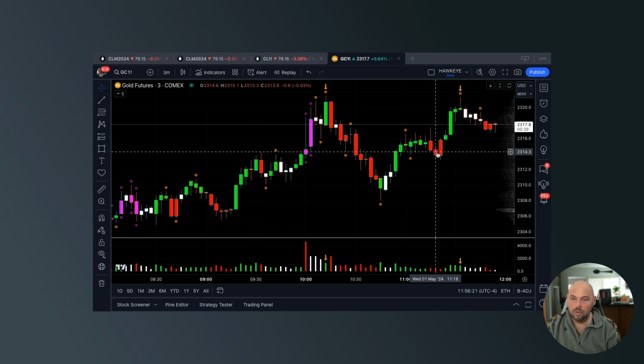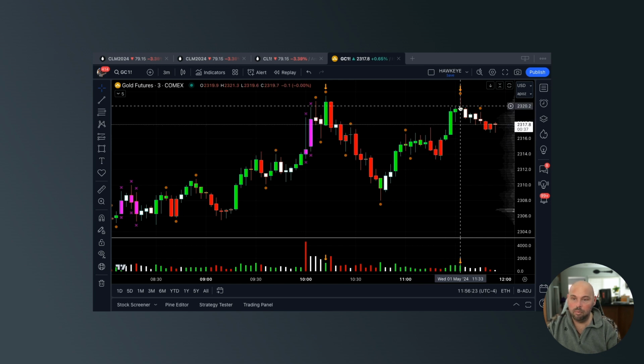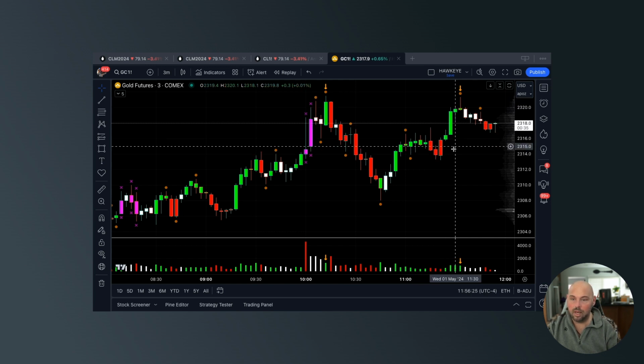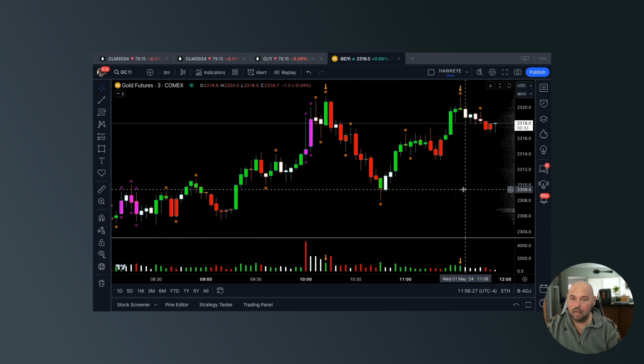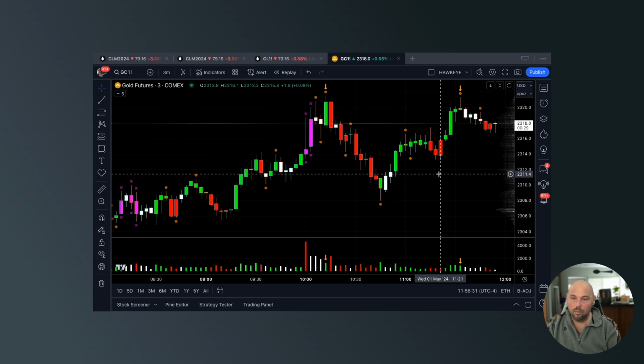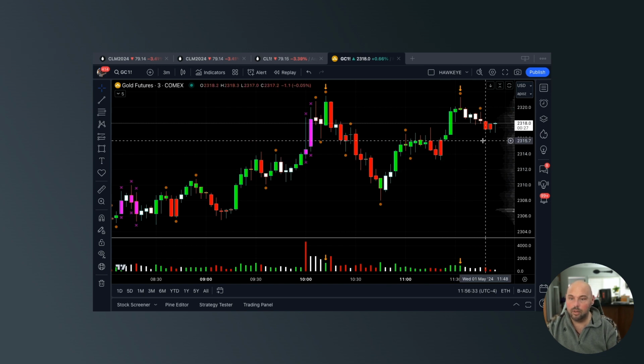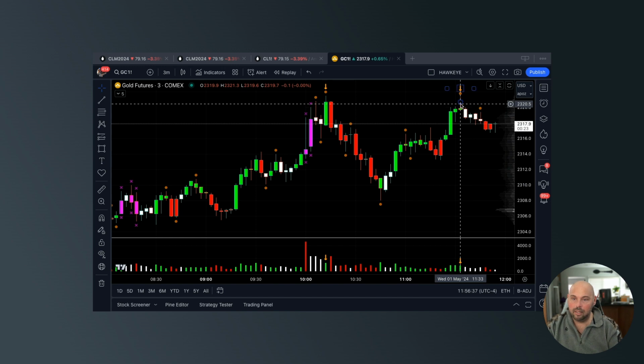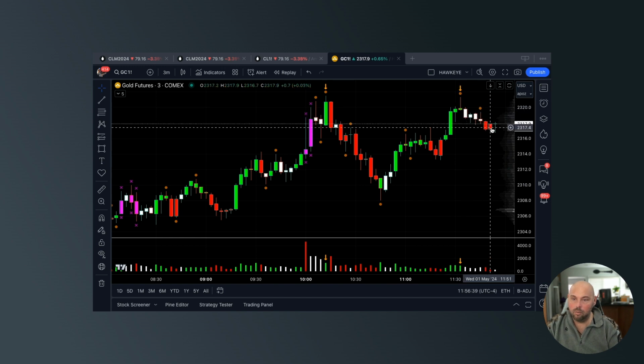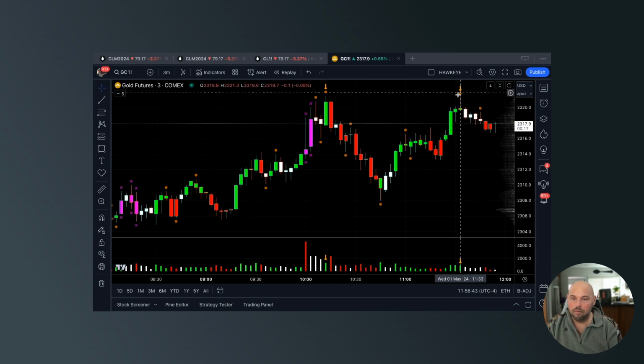We impulsed, we corrected, we impulsed, and take a look at this high. This high was made on decreasing volume. Now, I'm not telling you that we can't place a higher low here and continue higher, but I am telling you that at least from here, you can see weakness coming back into the market, that there wasn't going to be follow through.